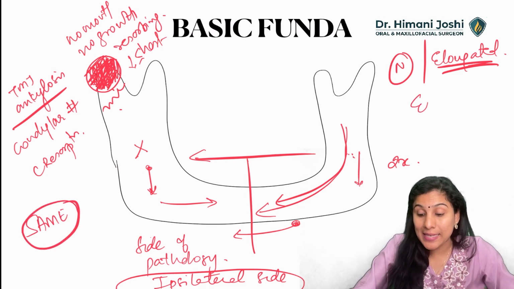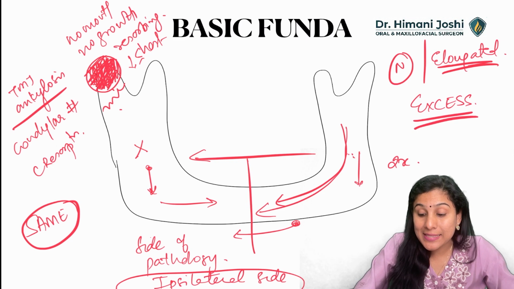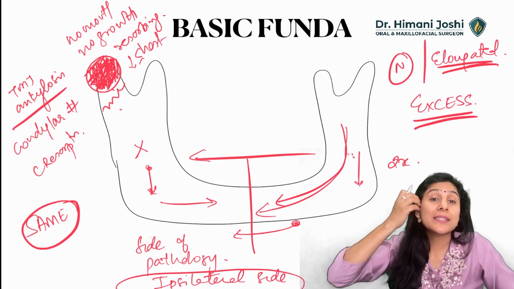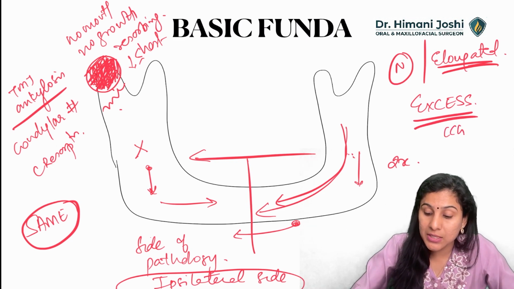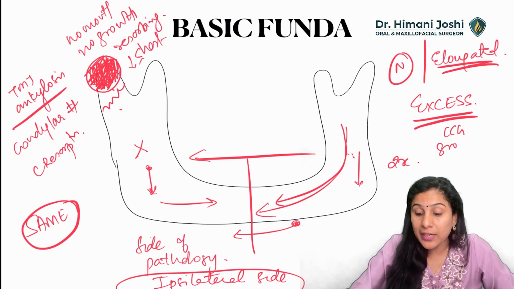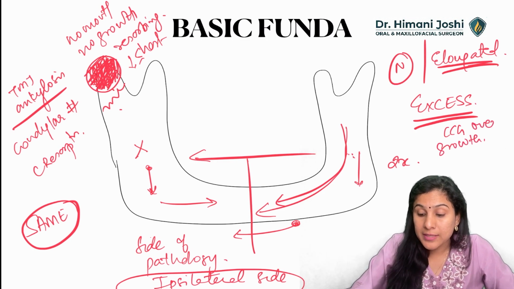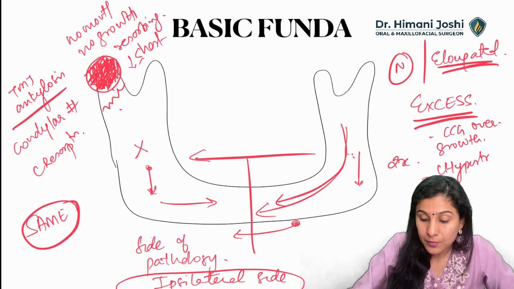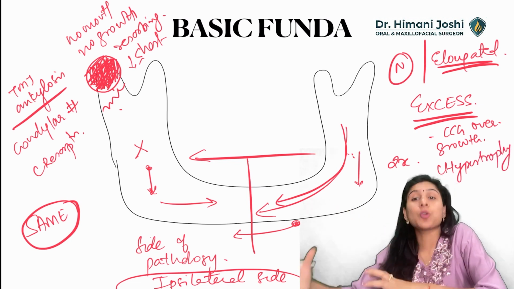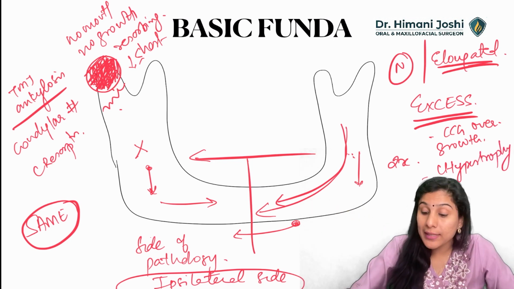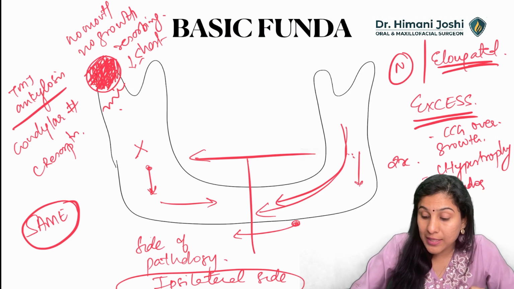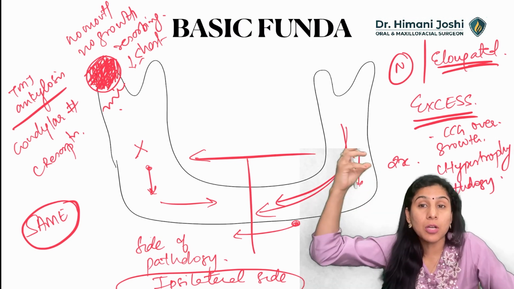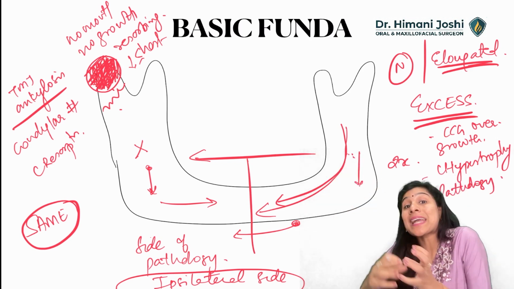Whenever there is excessive growth, like we see in CCG overgrowth, in CCG, that is the costochondral graft, when it overgrows, or in condylar hypertrophies, there is excess growth. Or when there is a condylar pathology, suppose there is an osteochondroma or any tumor in the condyle which is growing, so there is excess growth.